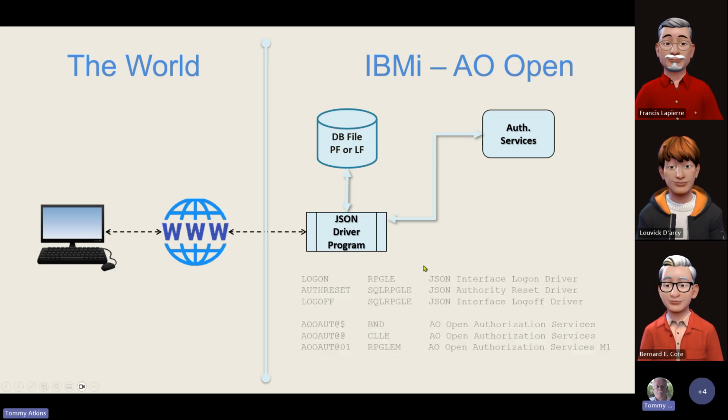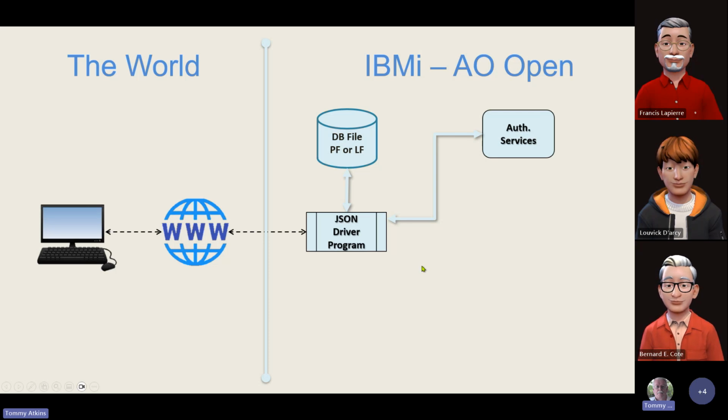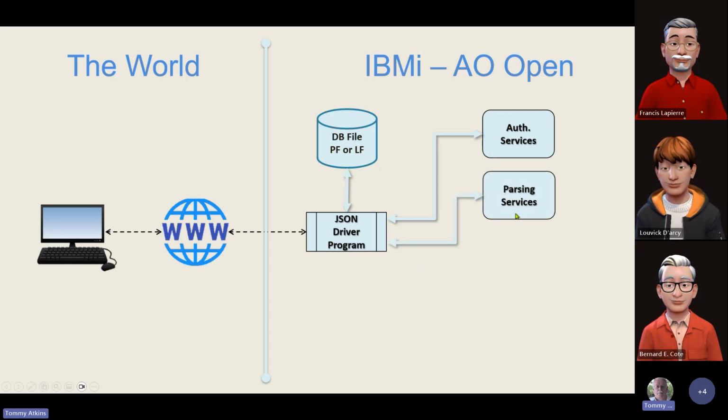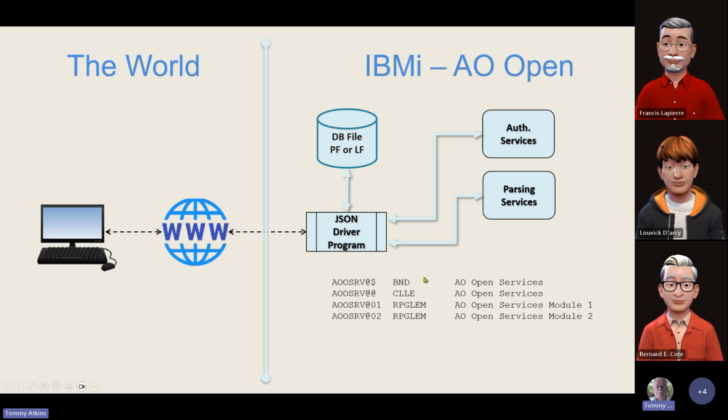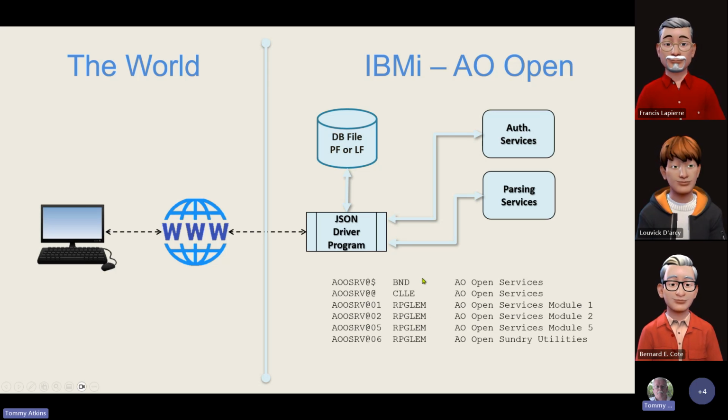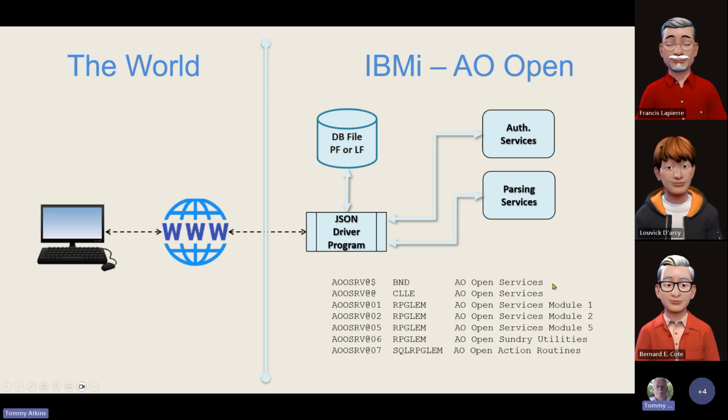Right. The other component provided by AO Open is the parsing services. These services receive, identify, and disassemble the incoming JSON string and translate it from UTF-8, which is the standard communications protocol we use through the web.